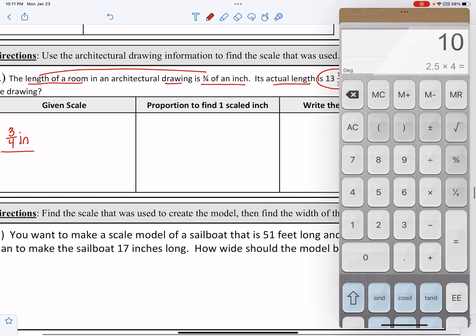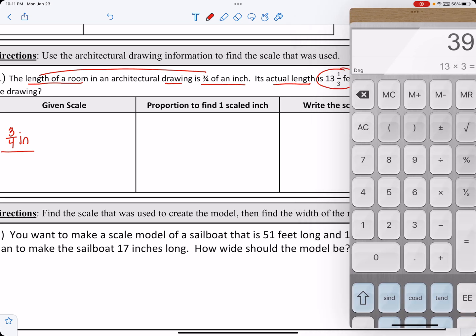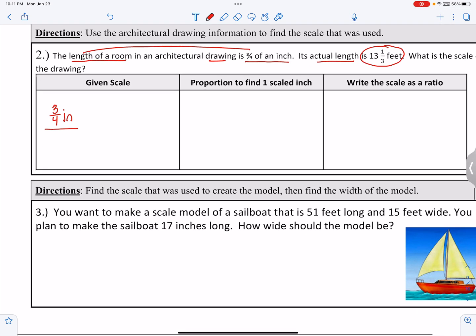Okay, so we know that we don't want to be working with the mixed numbers, so we end up with 40/3 in feet. So this is my given scale. They said for every 3/4 inches, we have an actual 40/3 feet.